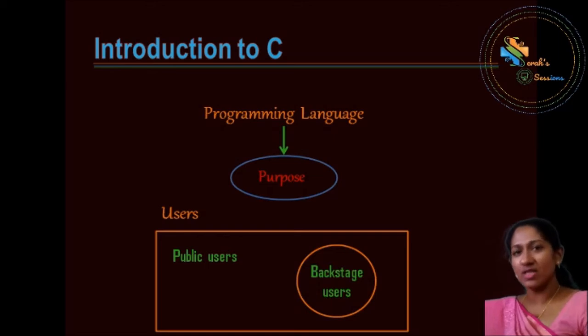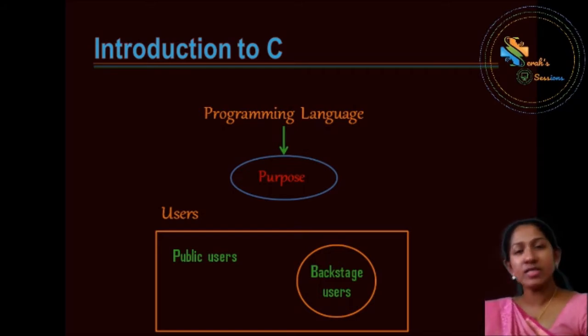Actually, these backstage users come as a subset of public users. We know nowadays most of us have electronic gadgets. We use computers, we use high-end mobile phones. So I don't think that I have to explicitly define what a software is. We all know what a software is.